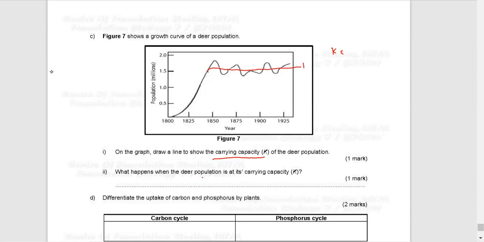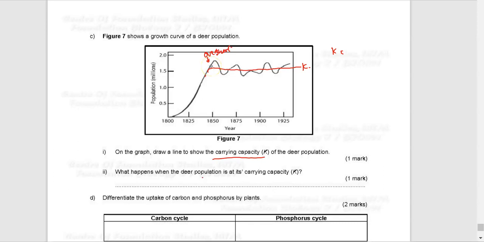If you look at the population growth of this deer population, initially the growth of the deer population exceeds the carrying capacity, which in this region we call overshoot.